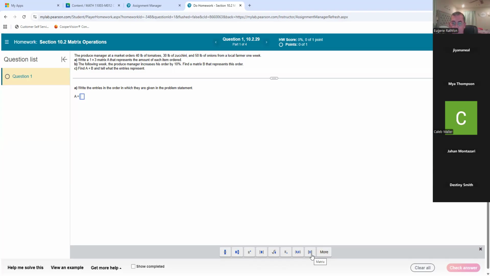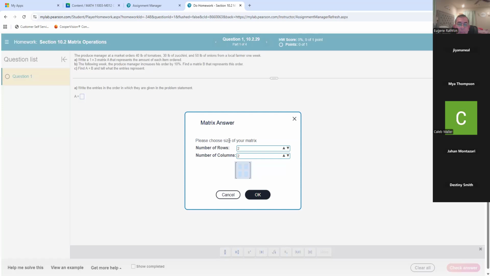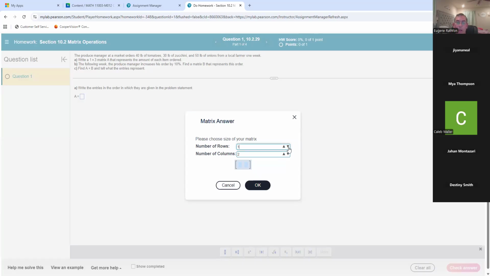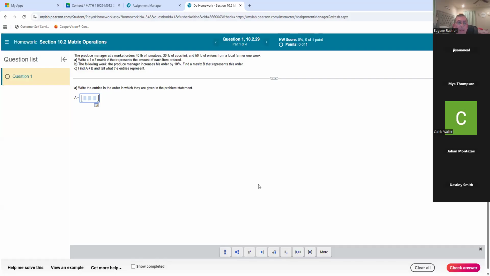So y'all, click that, and then look what it says for the matrix. How many rows do you want? Well, we're going to arrow down because we wanted 1 row. And then it says how many columns? I'm going to arrow up because I wanted 3 columns. Y'all look, there's my matrix with my 3 boxes. So I hit OK. It brings it into the answer blank.